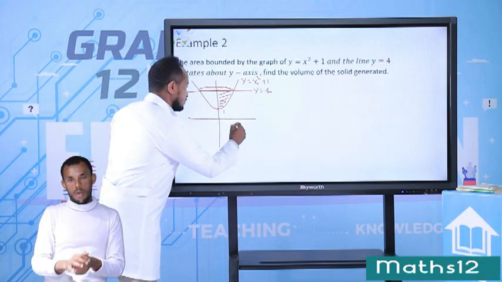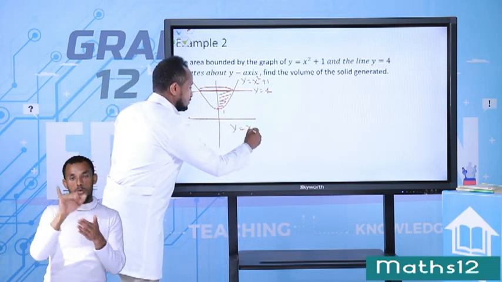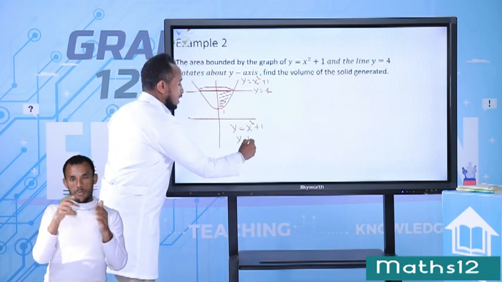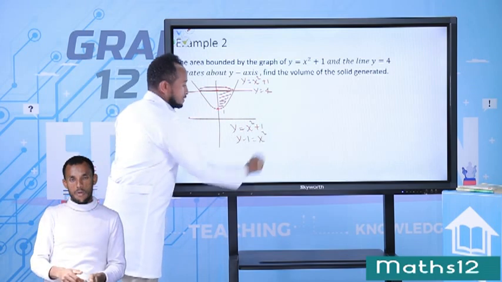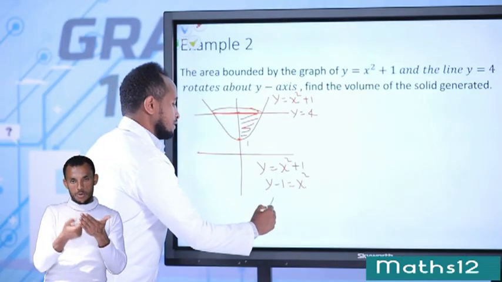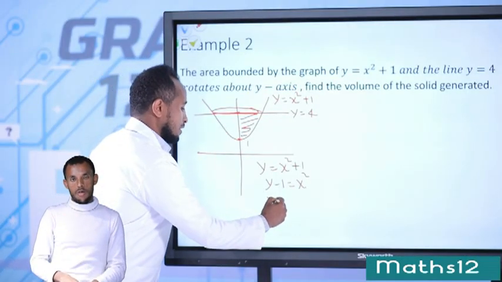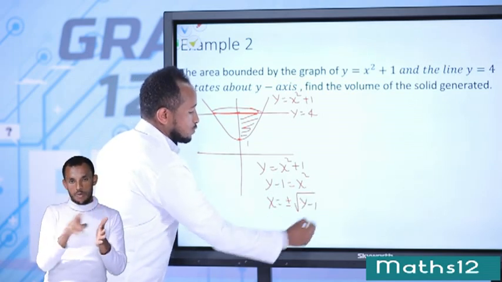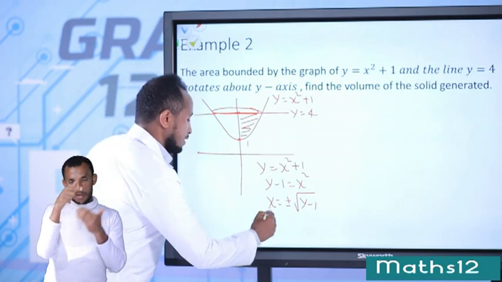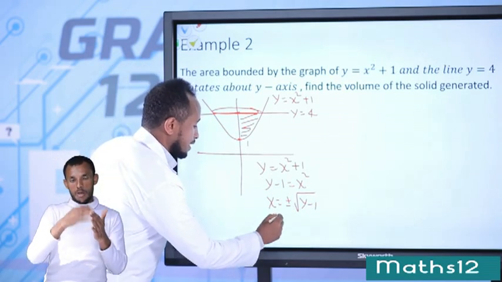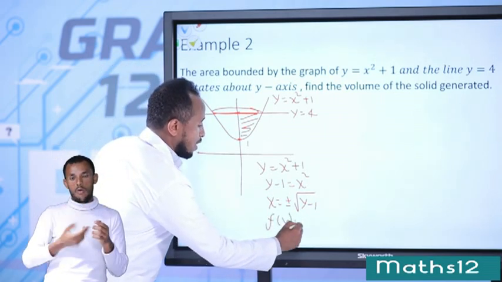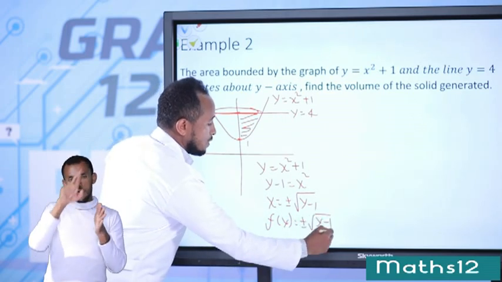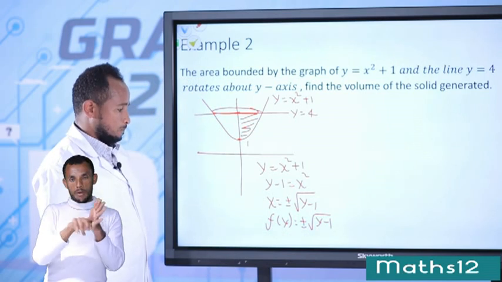From y is equal to x squared plus 1, y minus 1 is equal to x squared. From this, x is equal to plus or minus the square root of y minus 1. Therefore, x means it is f of y. Our function f of y is equal to plus or minus the square root of y minus 1.